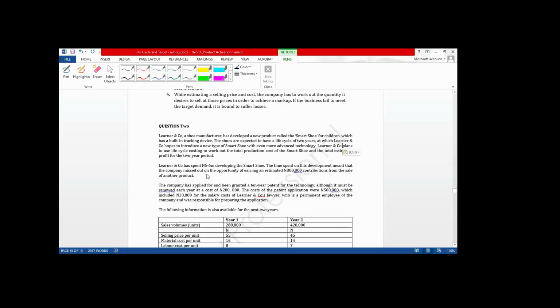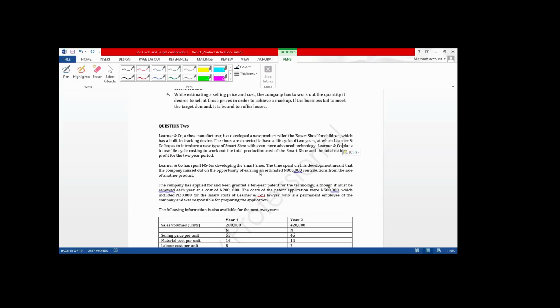Learners and Co have spent 5.6 million developing the smart shoe. Please note that development cost is 5.6 million. The time spent on this development meant that the company missed out on the opportunity of earning an estimated 800,000 contribution from the sale of another product.